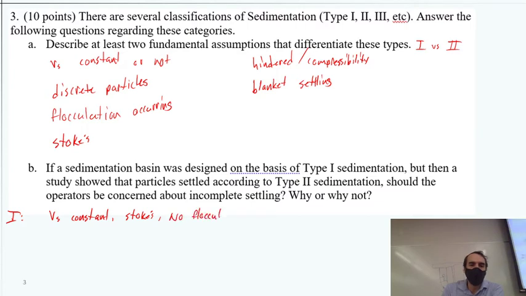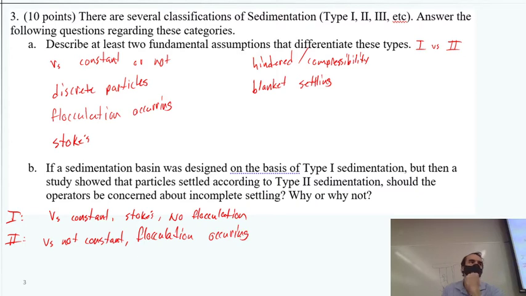And then type 2 was essentially flocculation occurring, so particles are sticking together. Vs is not constant.